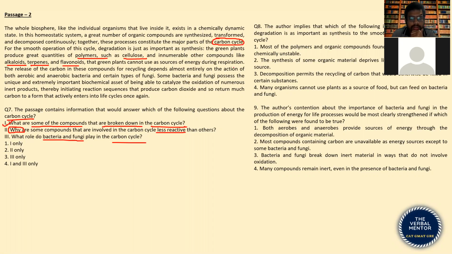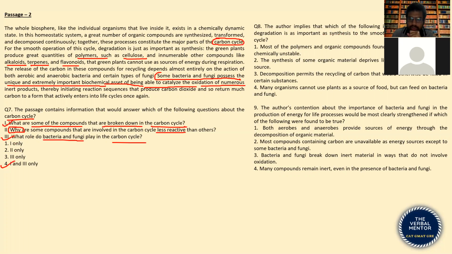This sentence tells you the role. Some bacteria possess the unique and extremely important biochemical asset of being able to catalyze the oxidation of numerous inert products. So this question also gets answered. What is their role? Correct answer, option 4.